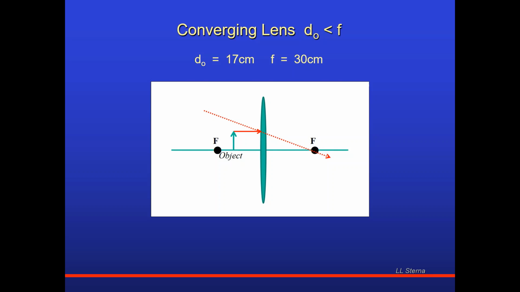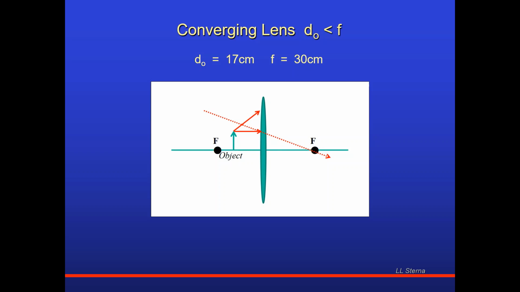Well, the object is closer to the lens than the focal point. We have to make it appear that the ray came from the focal point. So we draw it at an angle. It's the same angle it would have coming from the tip if it came from the focal point.